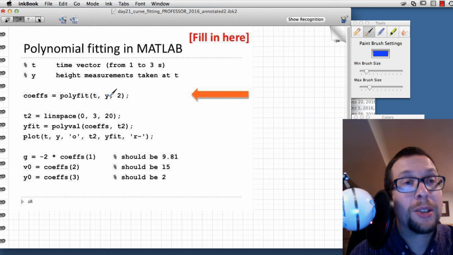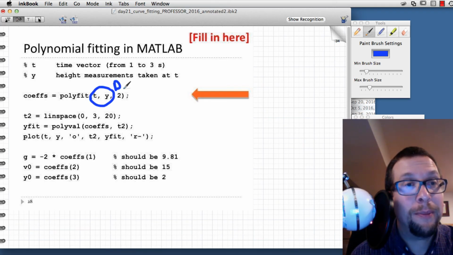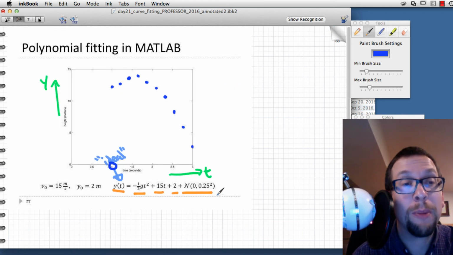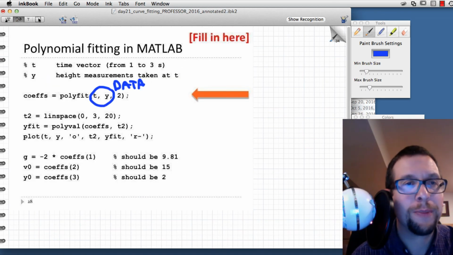We've got data in terms of time and y from that equation that we came up with to create the data that is, quote unquote, measured.